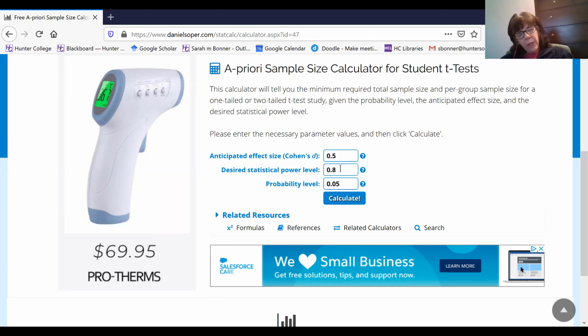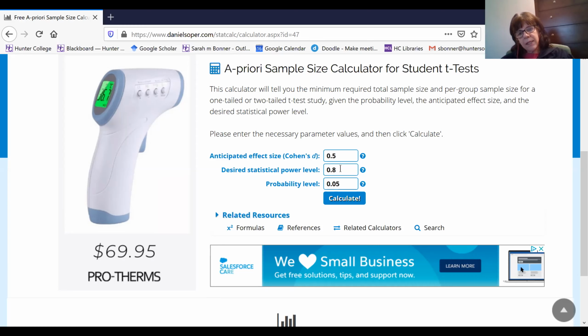That means you have a 20% chance of making one: a 20% probability that there is a difference between the two groups in the real world, but you just didn't have enough people. You were either trying to detect too big a difference or you didn't have enough people to find it. So a 20% chance is a lot.